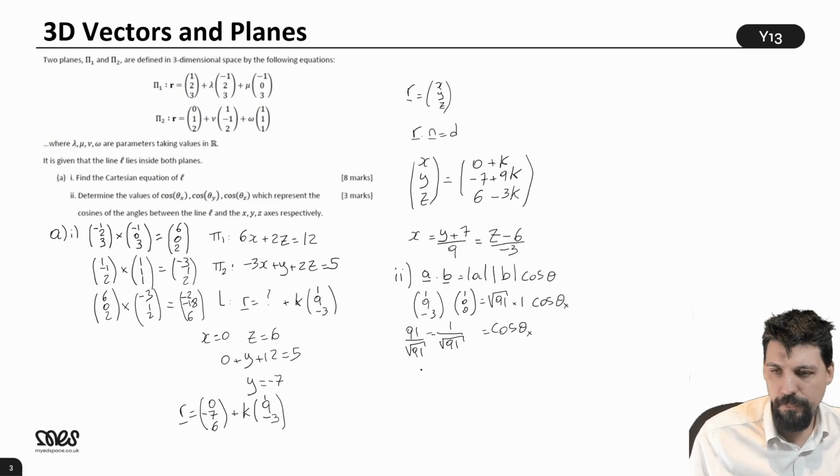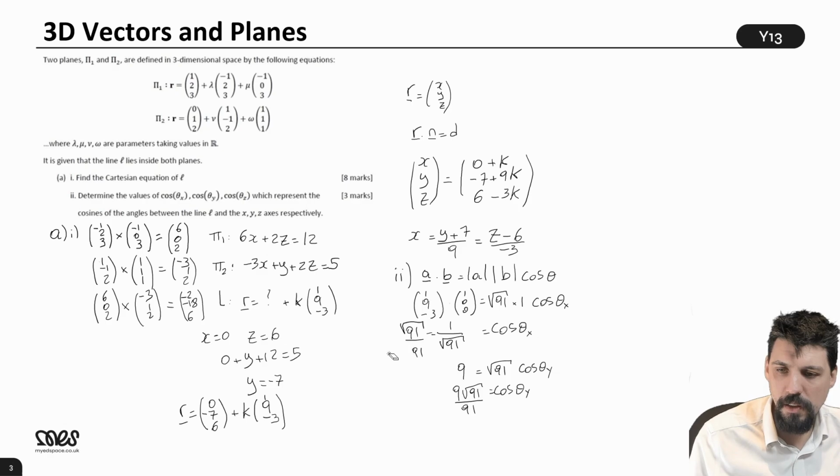And we can do the same thing for (0, 1, 0), which would give me 9 equals square root 91 cos theta y, which tells me that cos theta y is 9 square root 91 over 91, once we rationalize it.